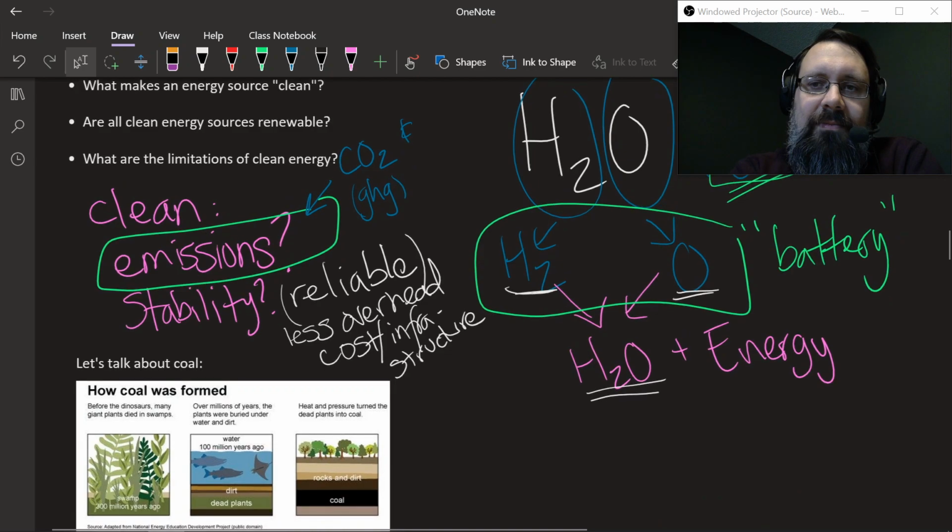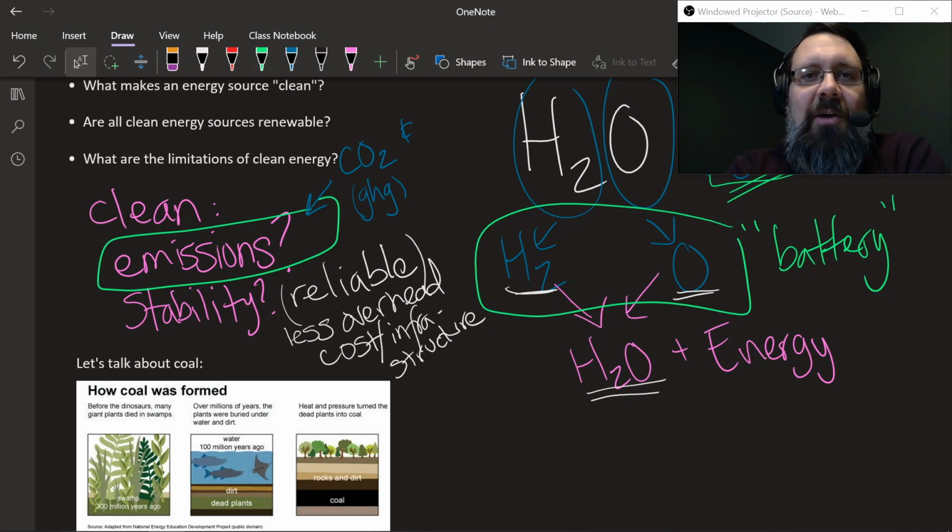Would it be at a rate comparable to what's happening with carbon emissions? Yeah, I can't really say. It depends on what scale we're using it at. But you have to realize that even if we do switch over entirely to clean energy, there will be a limit to how much energy we can actually produce, because our heat waste would be enough to warm the earth as well. So just something to consider.